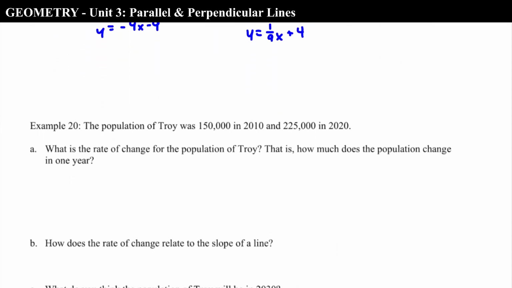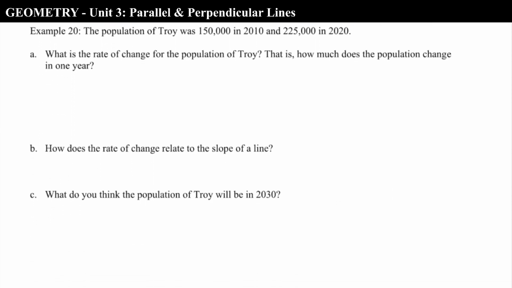All right, finally, example 20. We're going to do an application problem to wrap this up. So the population of Troy was 150,000 in 2010, and then it was 225,000 in 2020. So first we want to know, what is the rate of change for the population of Troy?